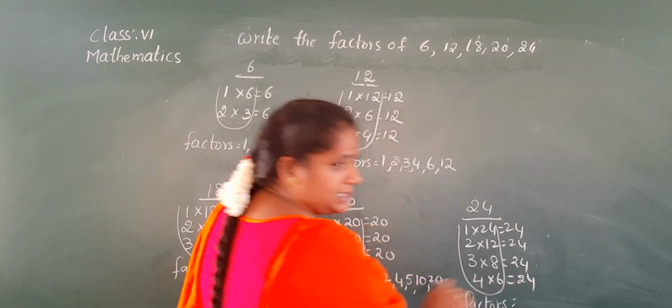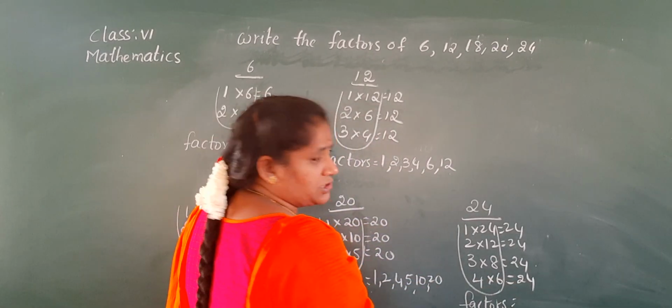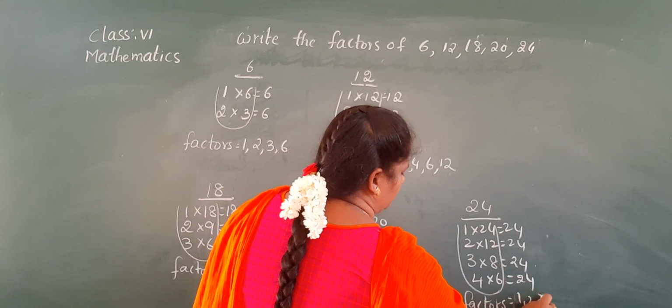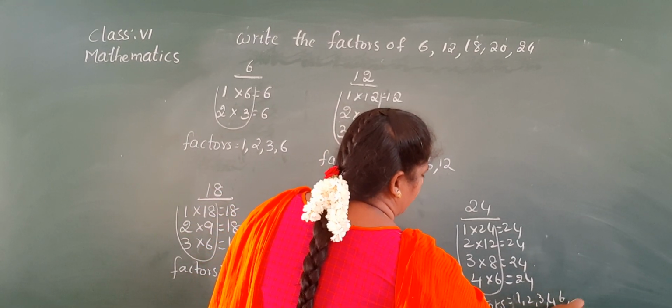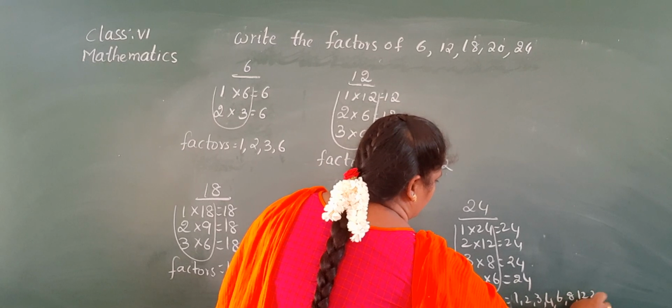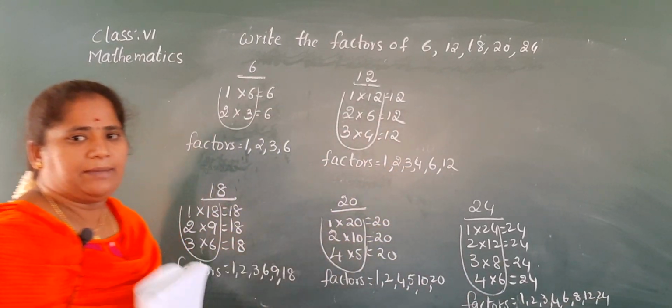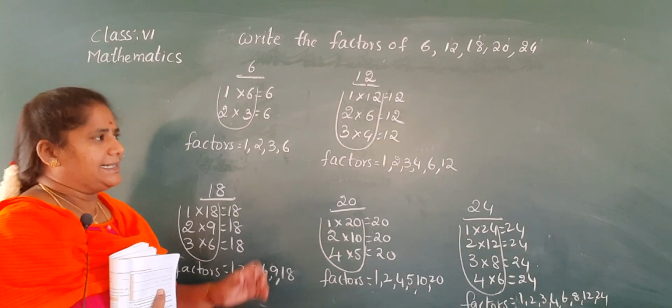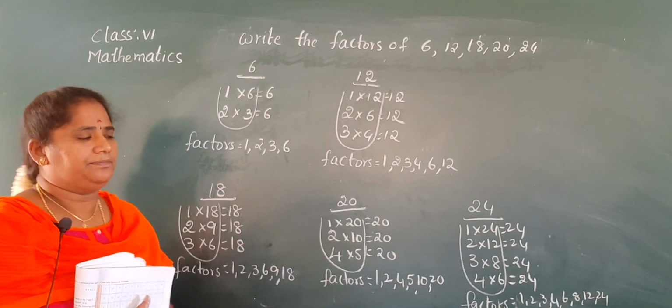Tell me the factors. Can you see the board, children? Factors: 1, 2, 3, 4, 6, 8, 12, 24. Note down in your classwork.